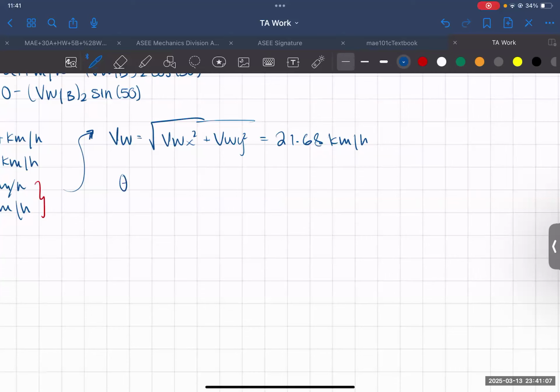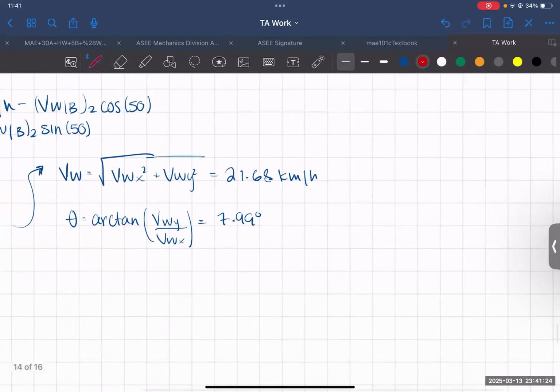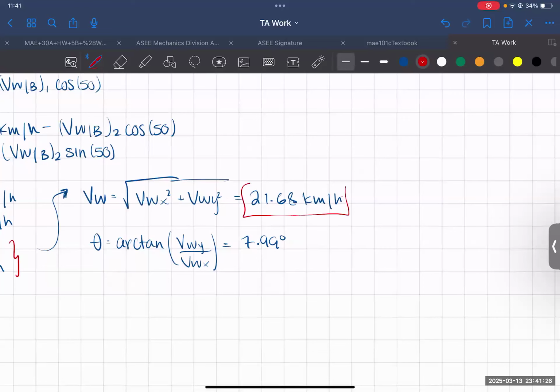And the angle theta will equal arctan of V_wy over V_wx equals 7.99 degrees. And that's it for this problem.